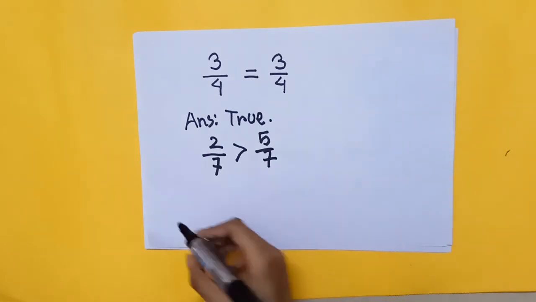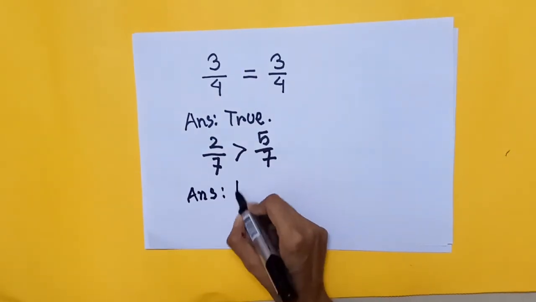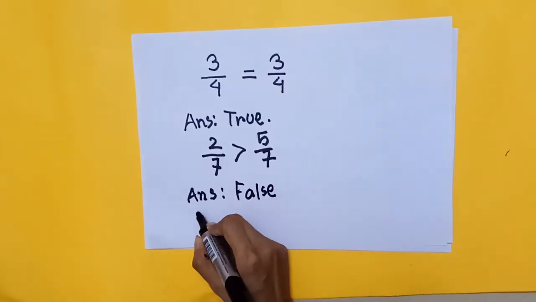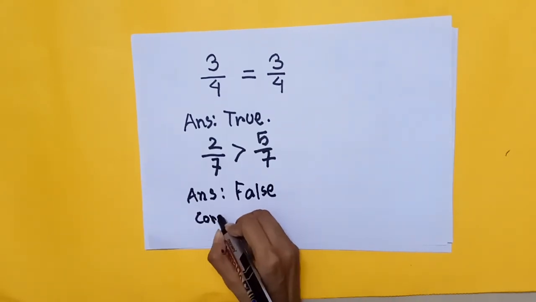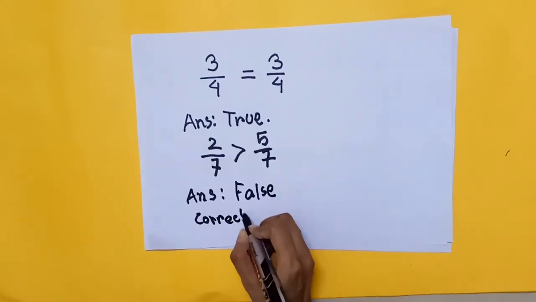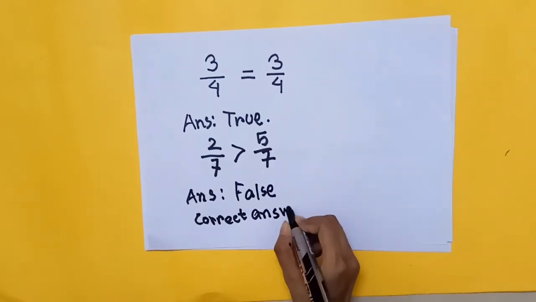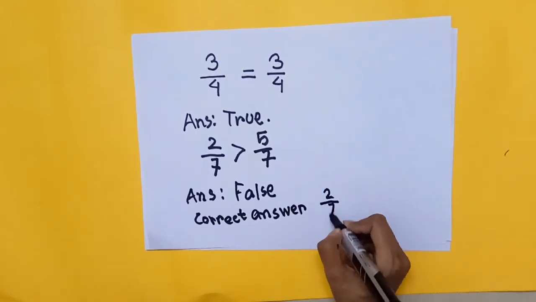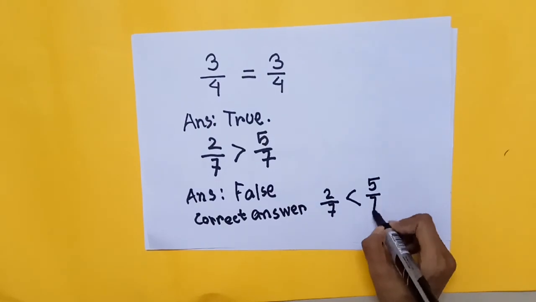So we have to write the answer false, and the correct answer is 2/7 is smaller than 5/7.